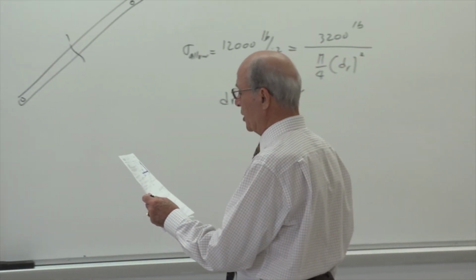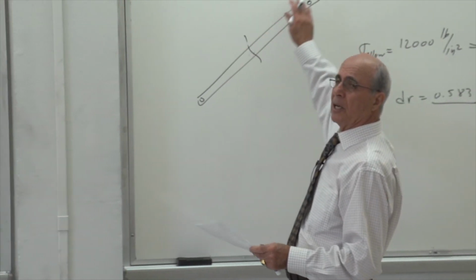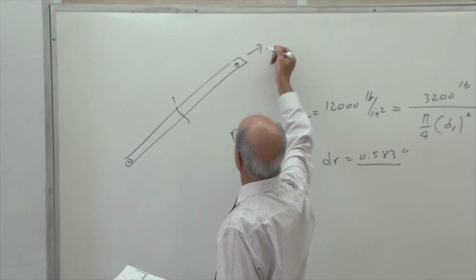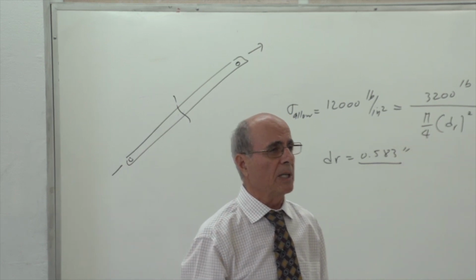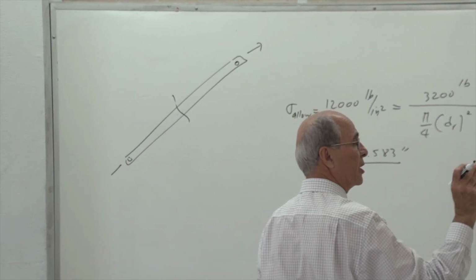All right. And then the next question was, what are these pins? Because now look, this is the force. This pin is under that force, but it is in double. Yes or no? Double pin. It's like this.